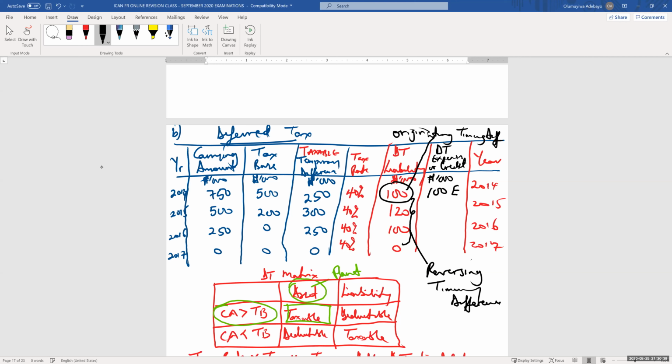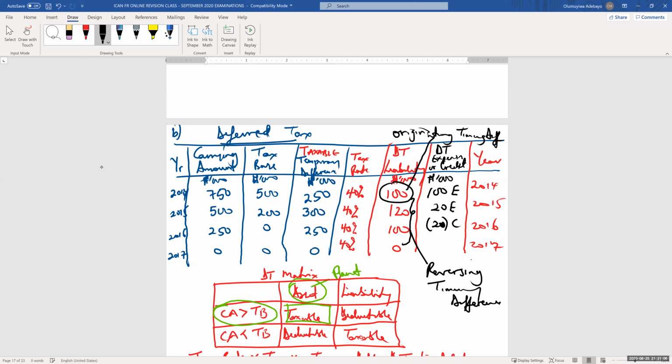Now, between year 1, 2014, and end of 2015, what has been the marginal change? The marginal change is an increase of 20, which shows another what? Expense. But between 2015 and 2016, the marginal change reduces, which shows that it is what? A credit.